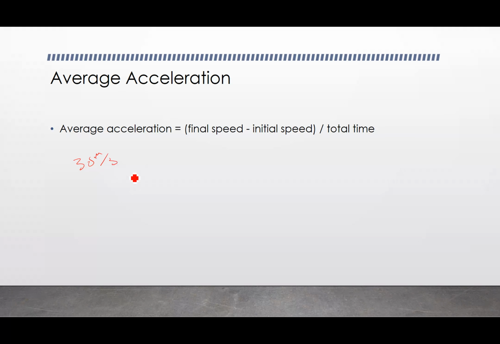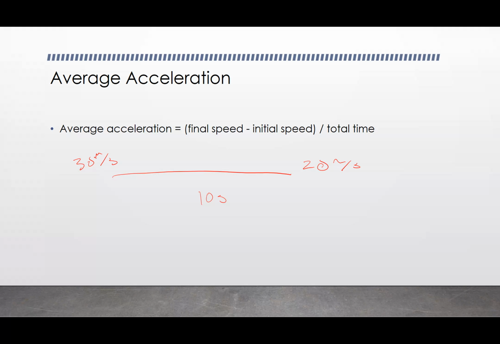Now we're going to talk about average acceleration. Average acceleration is your final speed minus your initial speed divided by the total time interval. So let's say you're traveling in your car at an initial speed of 30 meters per second, and you slow down to 20 meters per second, and you do all of this in, let's say, 10 seconds.